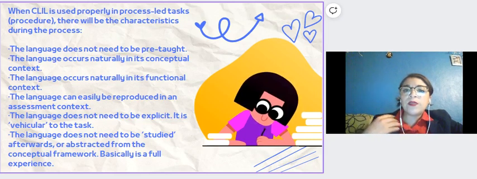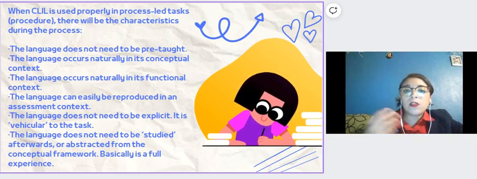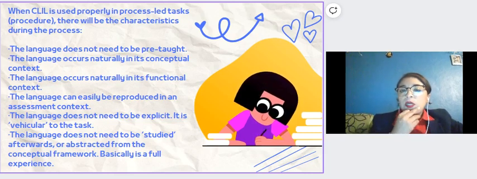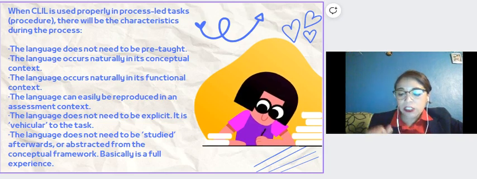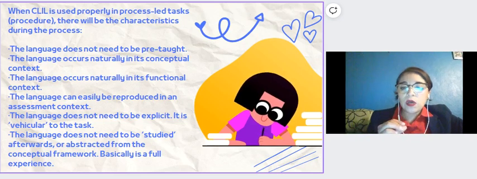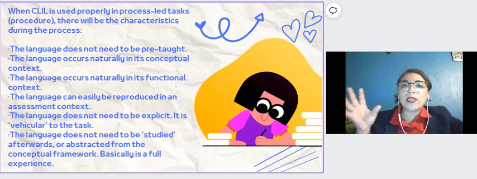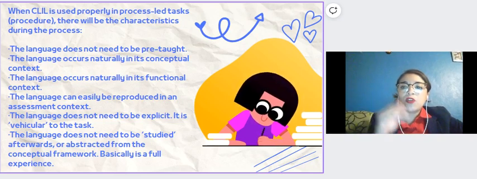The language does not need to be explicit. It is vehicular to the task. The language does not need to be studied afterwards or abstracted from the control framework because it is basically a full experience. So, for example, they talked about this exercise where the students read the description and characteristics of the planets, and they have to know which planet they were talking about.